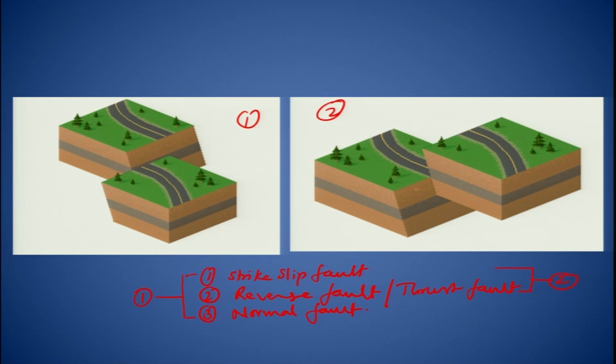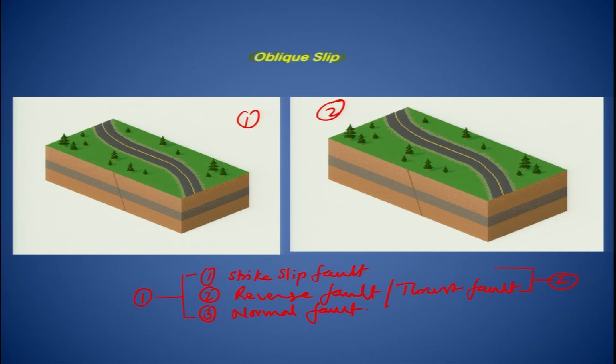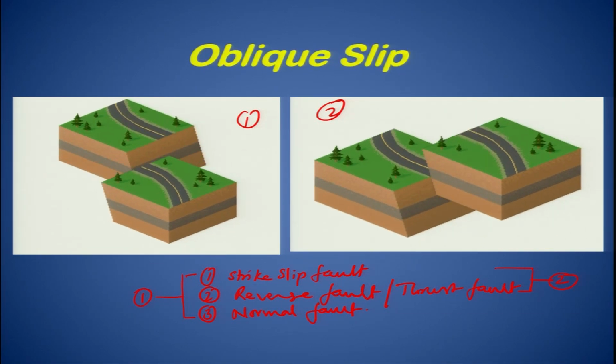Here the block has moved down and along the strike of the fault. So lateral movement as well as dip slip movement is there. Here also there is a lateral movement as well as dip slip movement, but here the block has moved up, and in such cases this type of fault is termed an oblique slip fault. Okay. So slip has occurred obliquely.